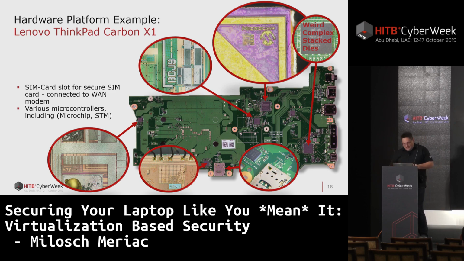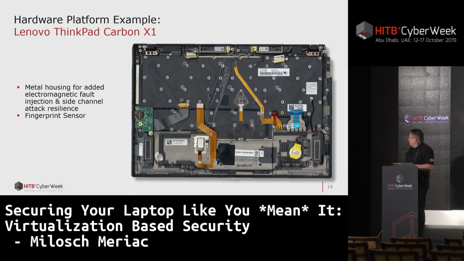So the housing itself is pretty nice. It's magnesium based, so it's very light, but metal. So it protects automatically because it's highly conductive against foreign injection attacks, and also probably makes side channel attacks, so extracting cryptographic keys, harder. So all in all, I think this is a plus.